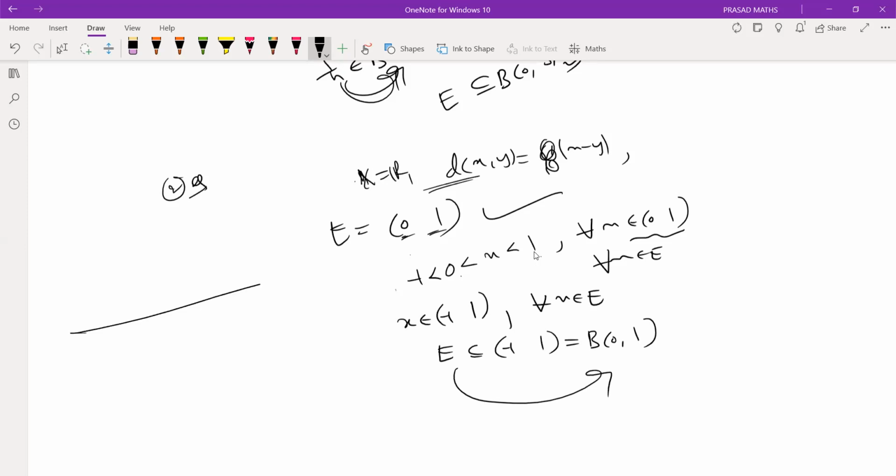Yes or no? This is my open ball with its radius, and this is my set.